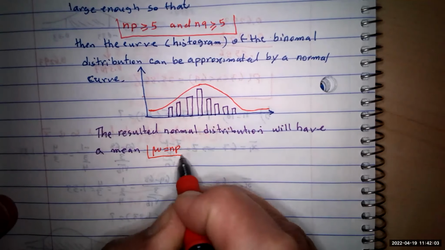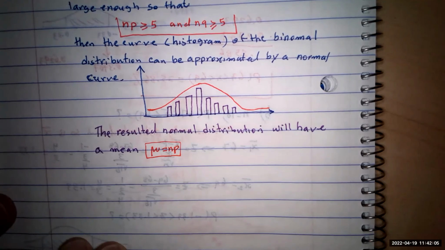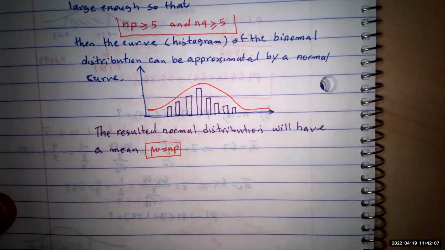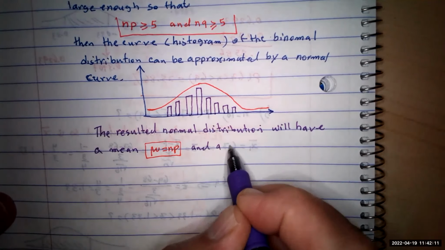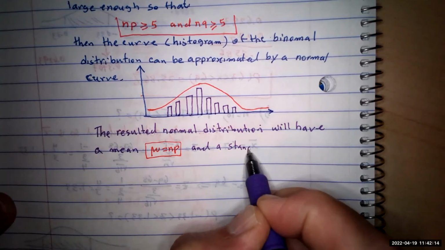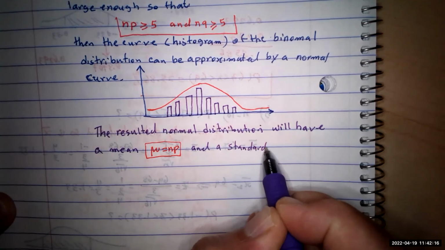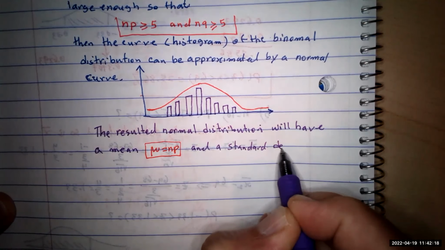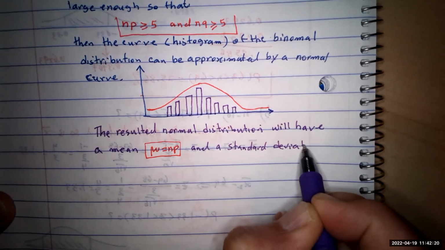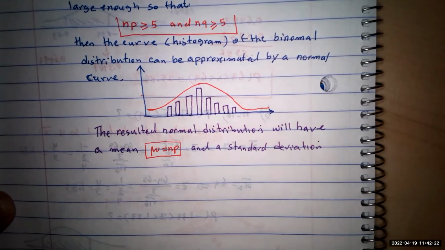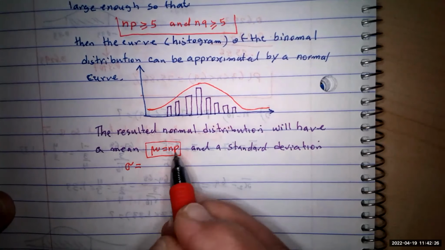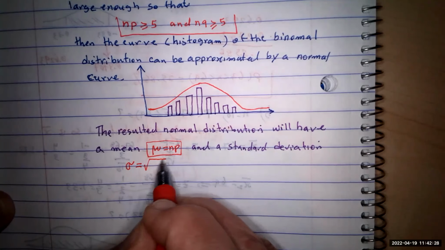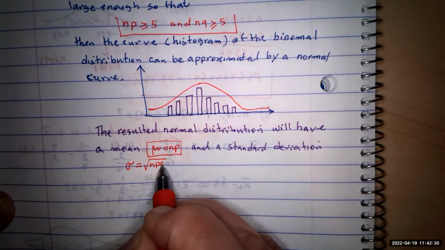So this is going to be the mu in the case of the normal. And the standard deviation sigma, you did it again on the quiz. The sigma for the binomial is the square root of npq.